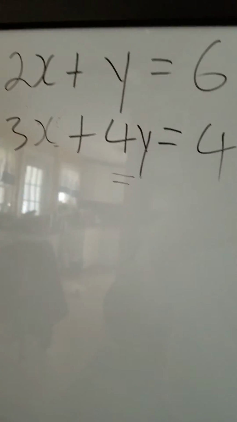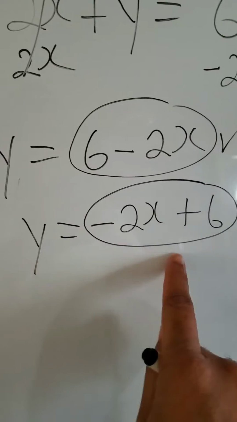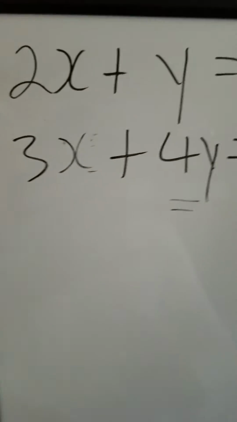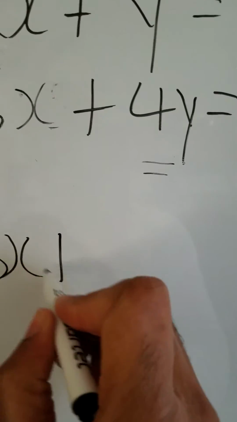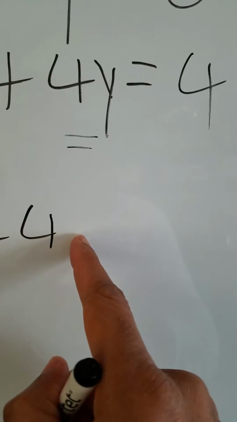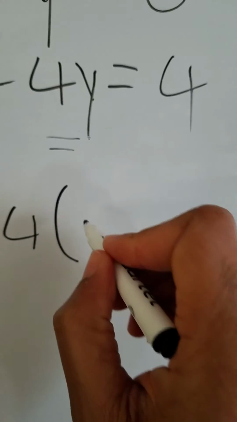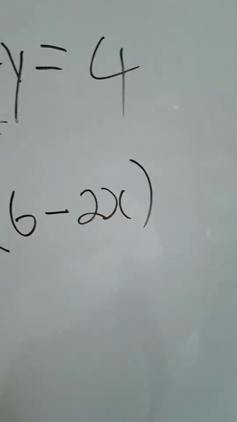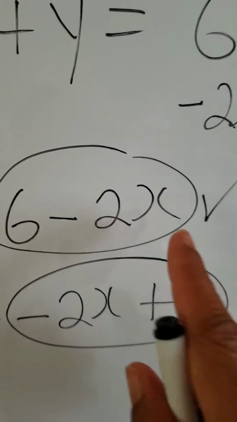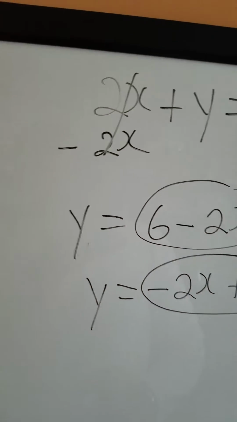So let's come back to our original equation, and in the place of the y, we can now plug in our new value for y. So let's rewrite this equation: 3x plus 4, and instead of y, we're going to put in 6 minus 2x, because we just agreed that that is the value of y over here.